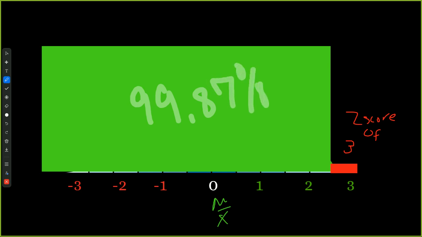Well, what's my likelihood of not hitting that mark of a z-score of 3?